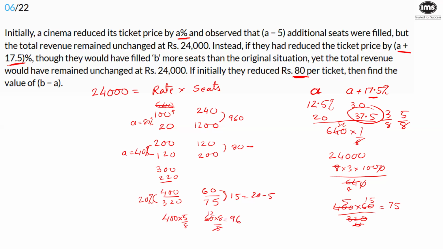So it changes from 60 to 96, which gives us our B as 36. A is already found to be 20, and B is 36, which gives us our required answer, B minus A, 36 minus 20, as 16. The correct answer to be entered was 16.